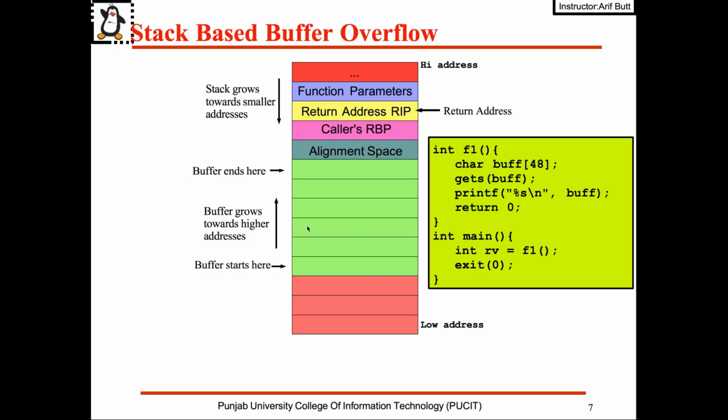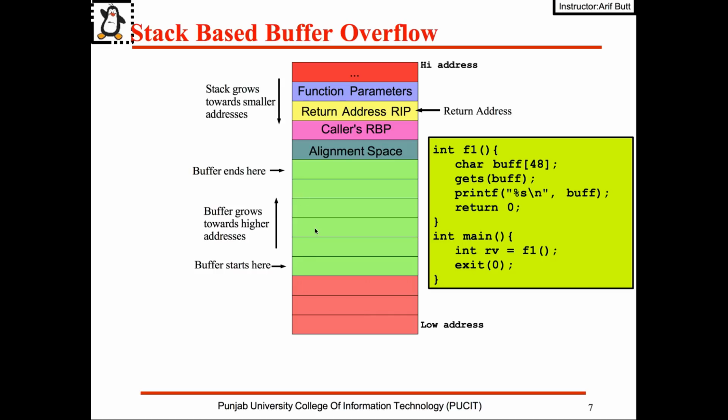Well, remember, dear students, the stack grows downwards. Rather, let me say, the stack grows from higher addresses to lower addresses. And once we create a character array like this buff, the data written in it will move upward, that is, from low address to higher address.